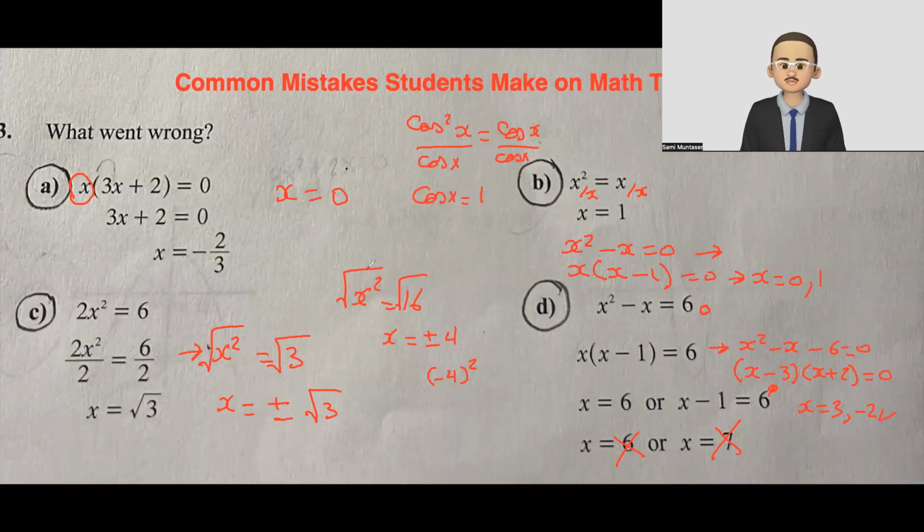For any of you who are in grade 12 and did trig identities, you would know this will only give you half the answer because you should have done it this way right here that I've shown you, and then you would have gotten cos x equals 0 and 1 instead of just 1. And then you'll have more angles in your answer. But that's another lesson altogether. I have some videos on this if you'd like to check my Trig 12 playlist. You'll find some questions like this if you're interested.